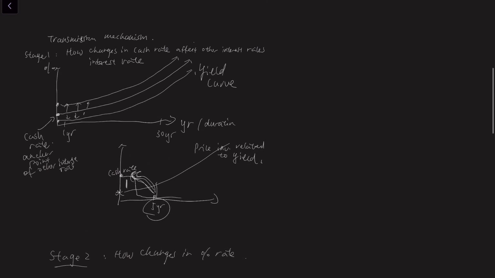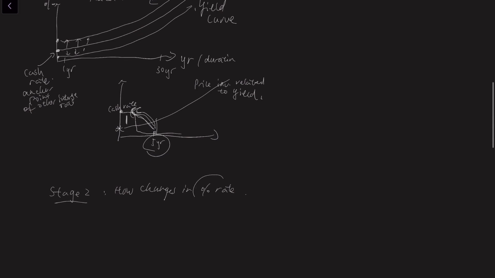So now let's look at stage 2. Stage 2 is how changes in interest rates affect the economy. So stage 1 goes from cash rate to interest rate. Stage 2 goes from interest rate, which is not cash rate, to the economy.